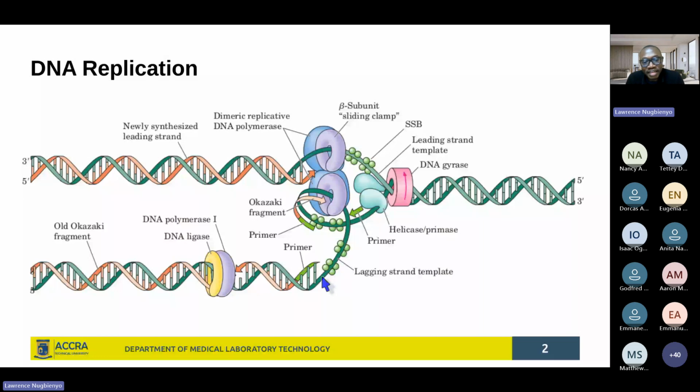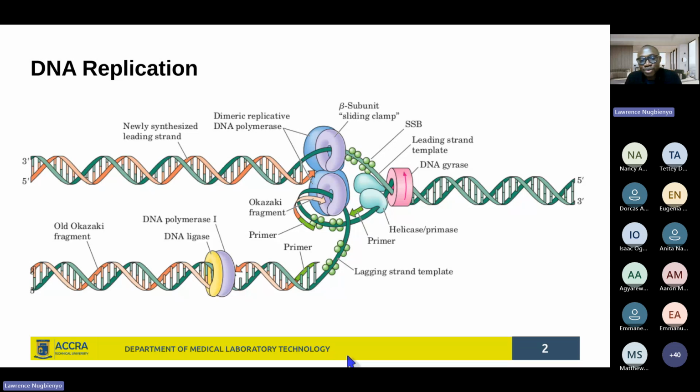You also saw the DNA ligase, which came at the end on the lagging strand, because the lagging strand was forming in chunks. There will be some spaces in between them. And ligases are enzymes responsible for joining these nucleotide molecules that have gaps in between them. It's a form of finishing the process of the synthesis of the nucleic acid.